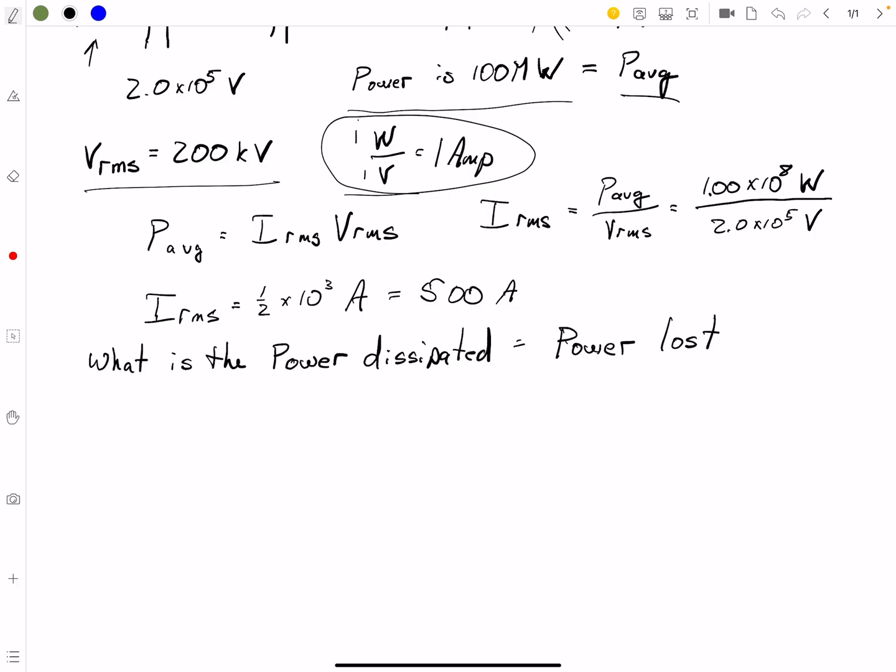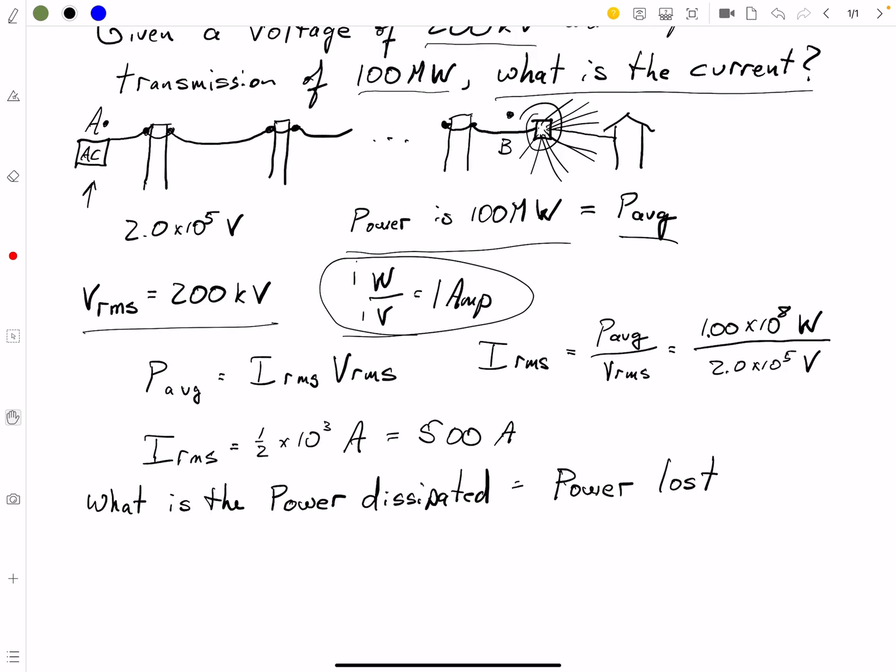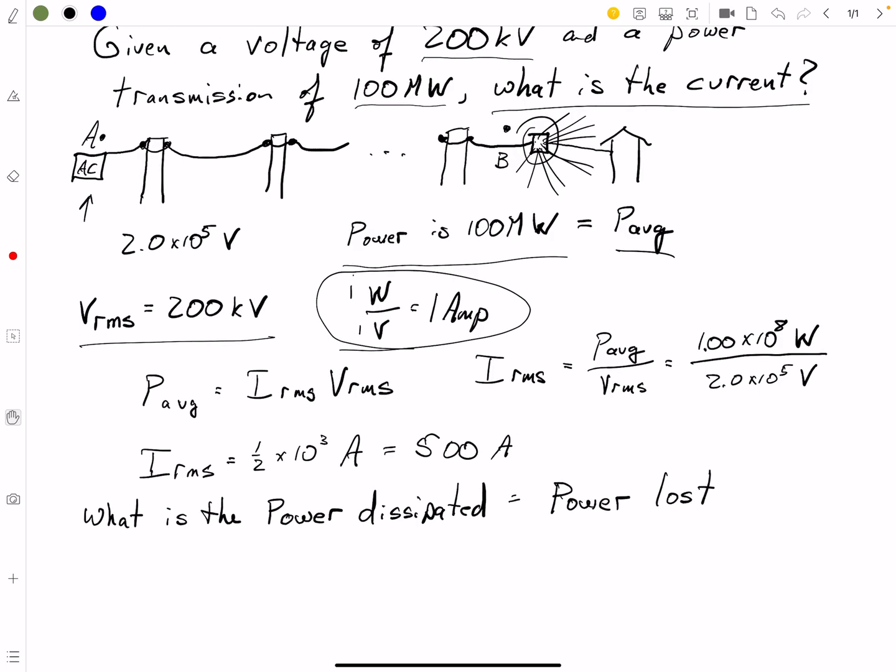Okay, so what is the power lost if the resistance from A to B is 1 ohm? So let's do R equals 1 ohm.